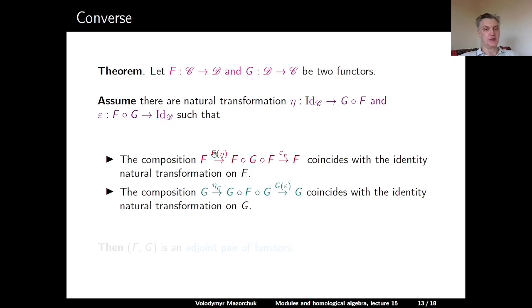So the composition of F of eta followed by epsilon restricted to F coincides with the identity on F, and the composition of eta restricted to G followed by G of epsilon coincides with the identity on G. Then F, G is an adjoint pair of functors.